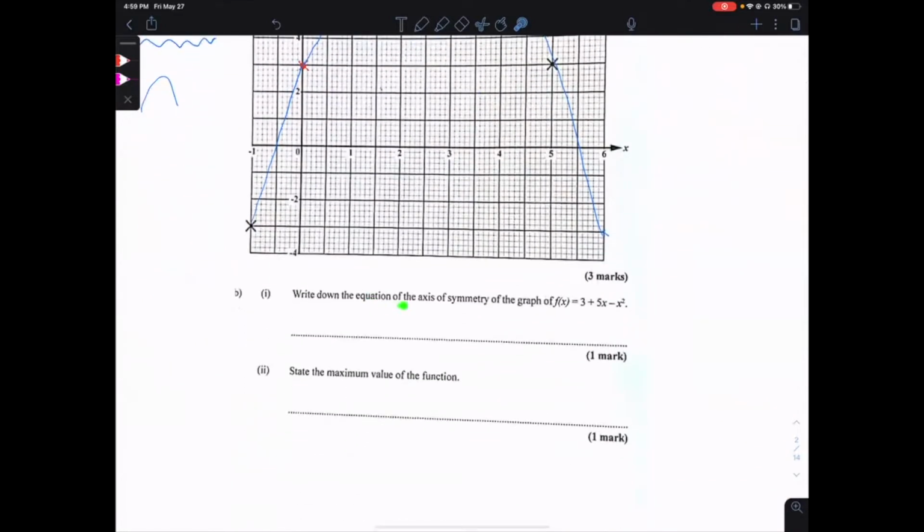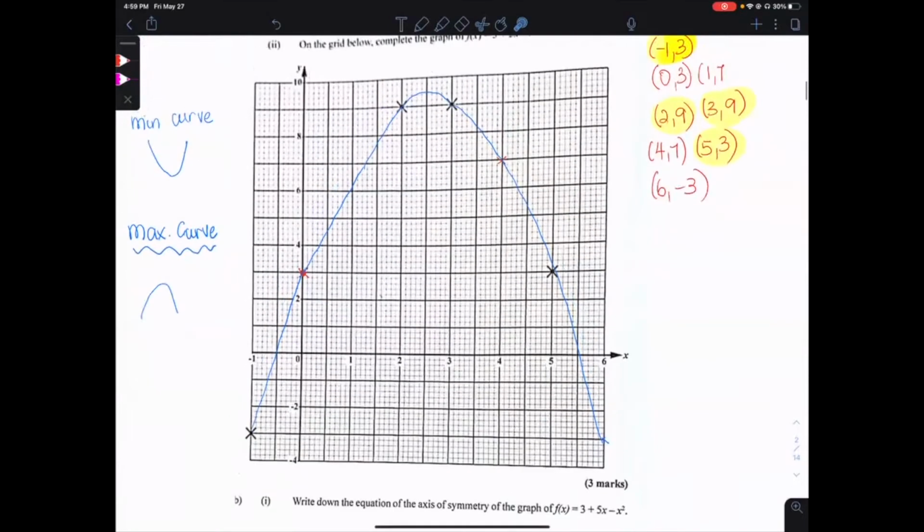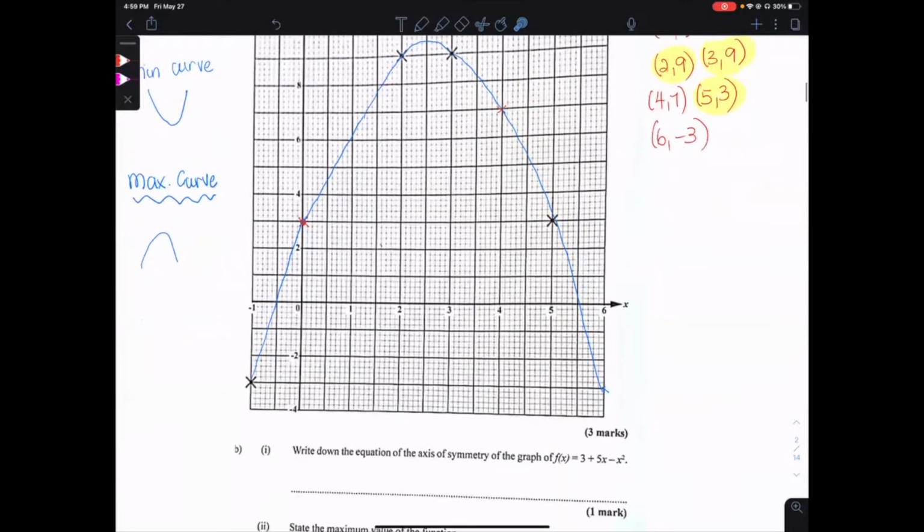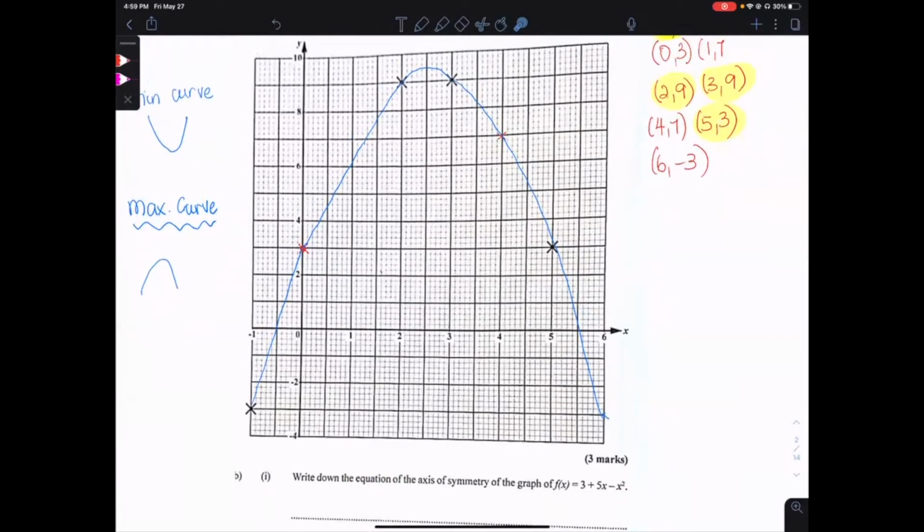Write down the equation of the axis of symmetry. Now, if you notice, the curve is symmetrical. They are asking for an equation. So we have to write an equation, and an equation has an equal sign.